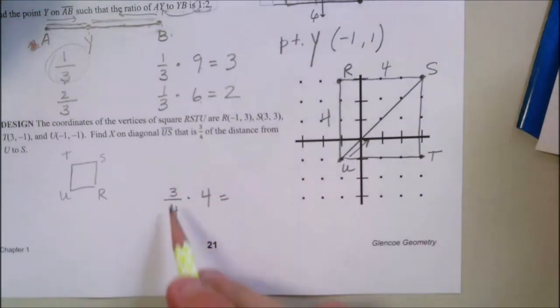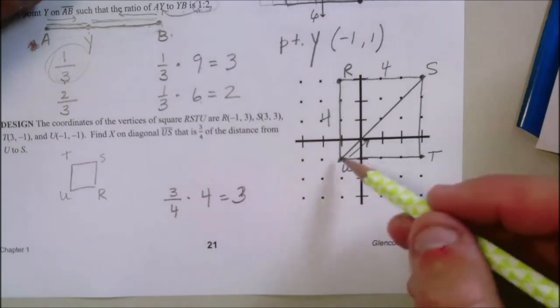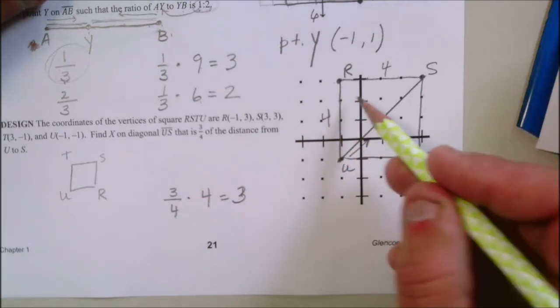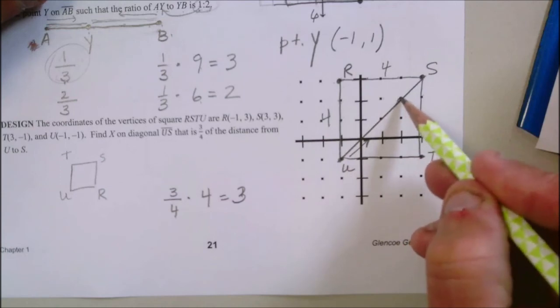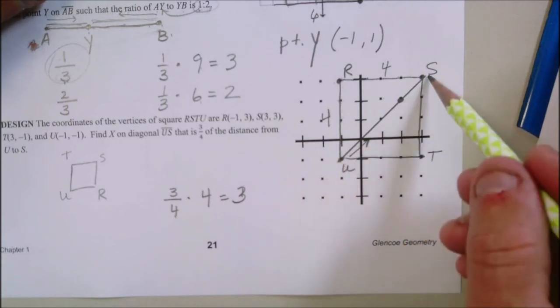Well, what is 3/4 of 4? Just 3. Okay. So if I'm going to go U to S, I'm going to go up 3 and over 3.